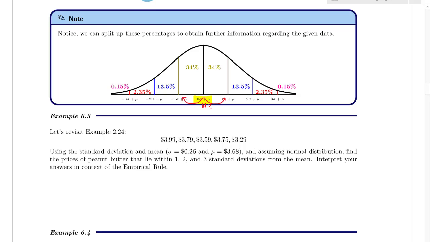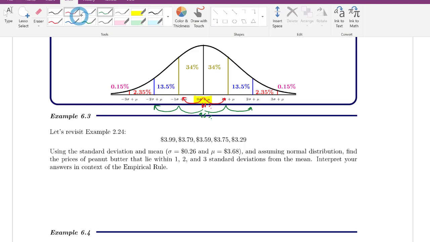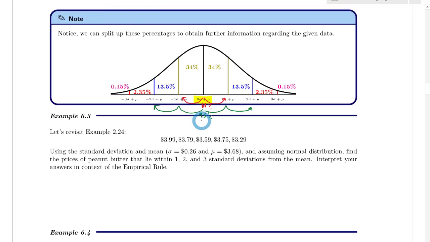Take and add and subtract 1 more. Remember, that was 95%. And so if I took 95%, subtracted 68, divided into 2 pieces, I would get 13.5% for these pieces. And add and subtract 1 more.